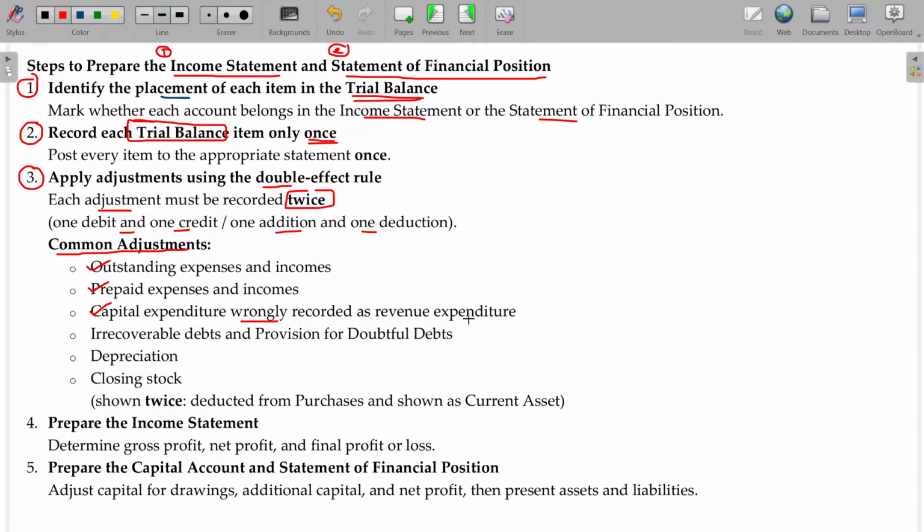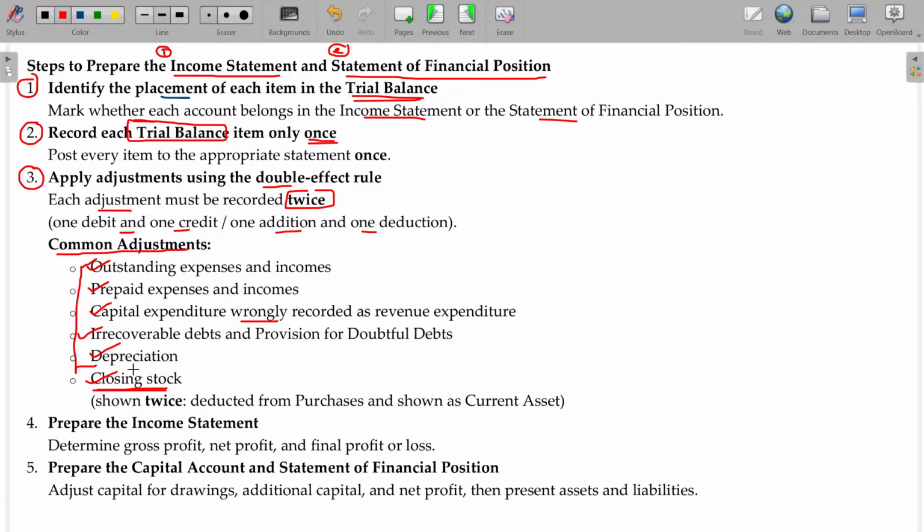You need to do those adjustments also. How do we handle irrecoverable debts and provision for doubtful debts while preparing the financial statements? Depreciation related adjustments, closing stock. Usually you have the closing stock in all the illustrations. The rest of the things will be applicable only depending upon the situations.